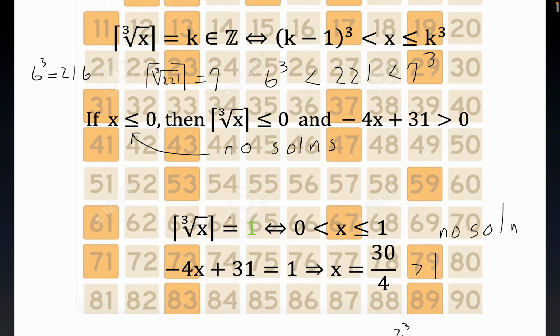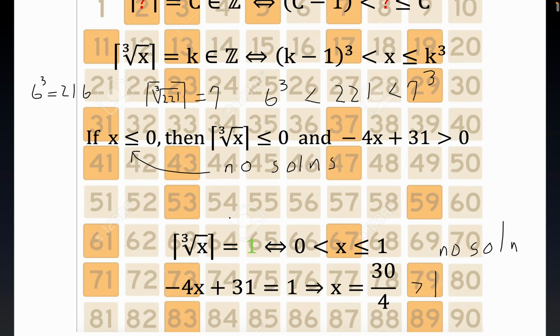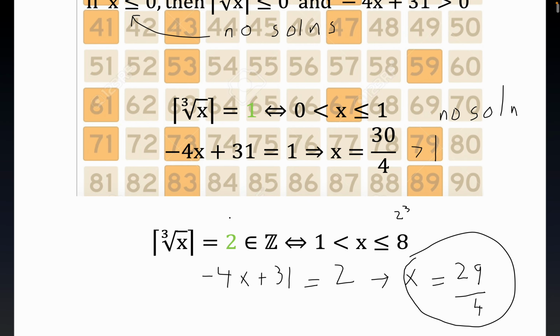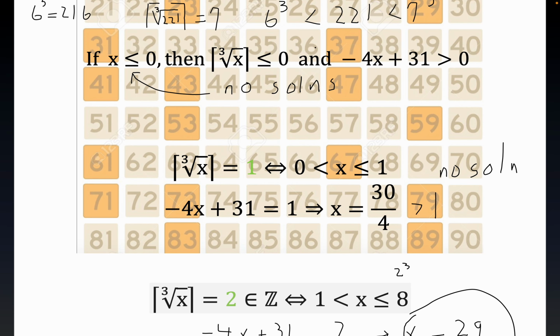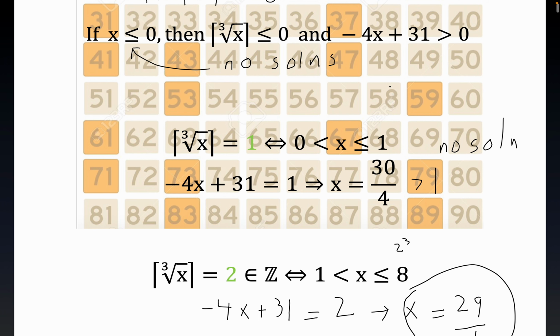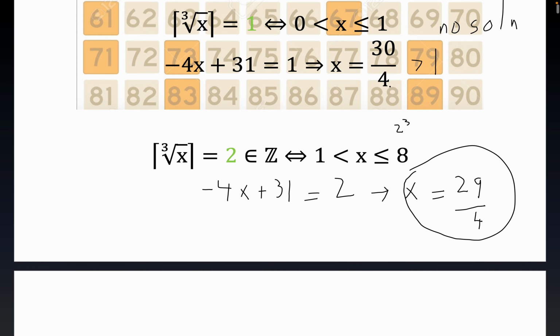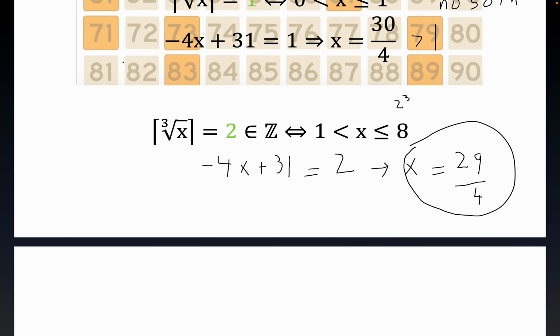But notice right here that this condition, minus 4x plus 31, let me just write it down right here, folks, is less than or equal to 0.